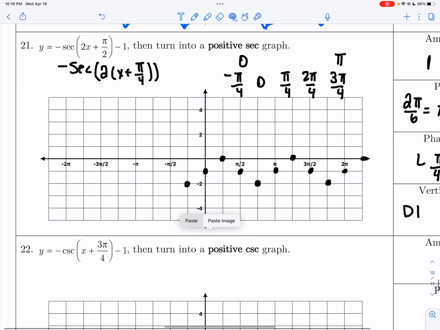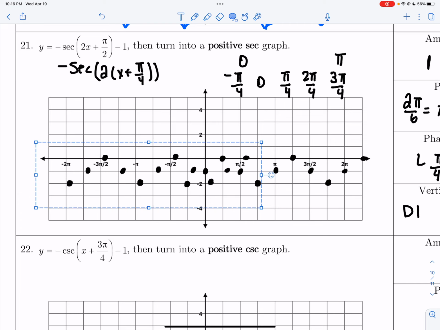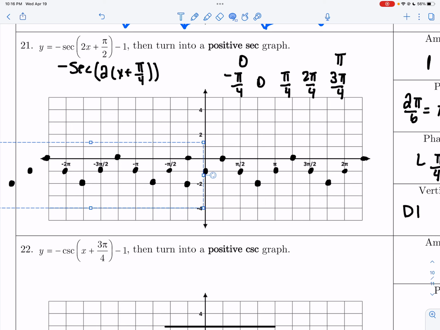Going the lazy route and just copy and pasting, LOL. Right here. All right, once we get that, I'm gonna find my maximum minimums, graph those, taking account of my asymptotes of the midline.